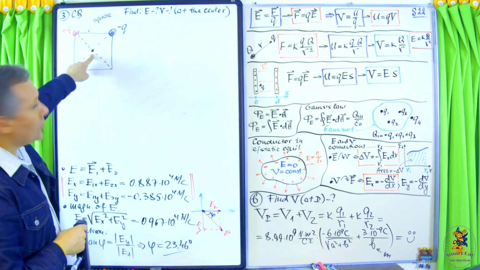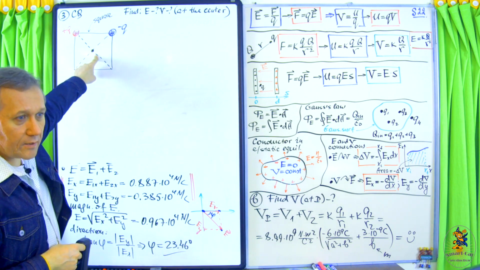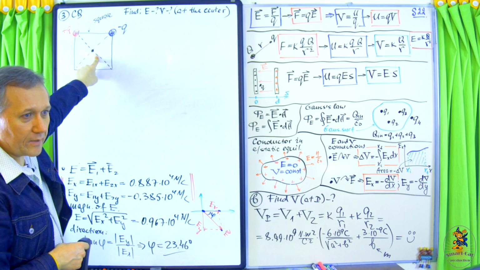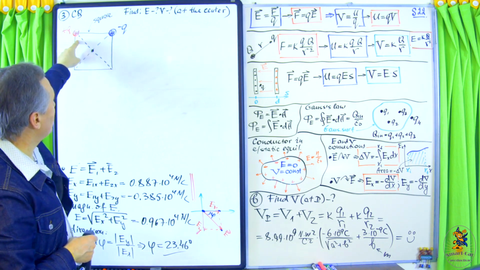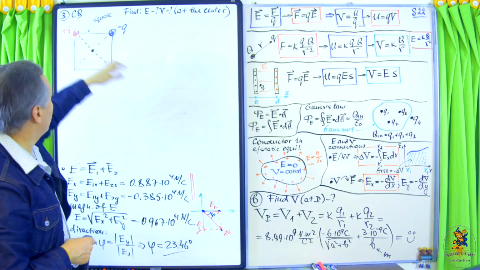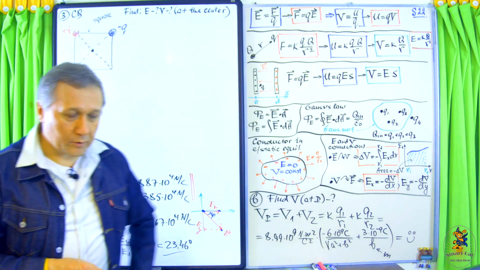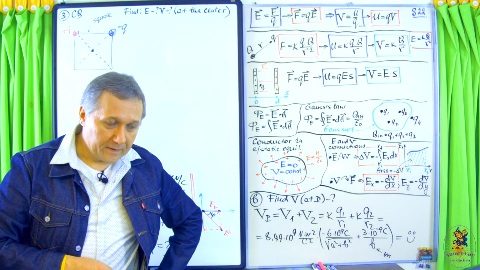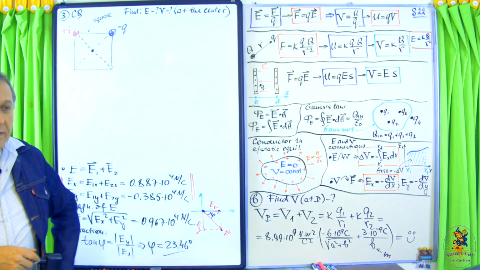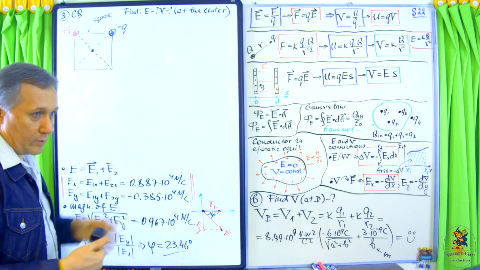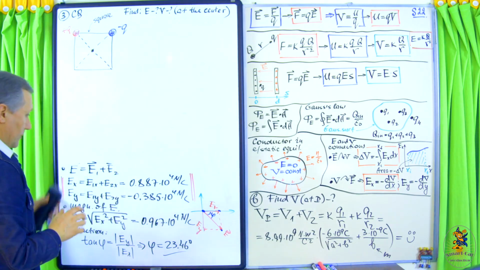Again, I put a dot, but it doesn't mean at the center there is any point charge. No, it's an empty spot, empty space, right? So we have only this positive charge and this negative charge. And of course, they both create a net electrical aura around themselves, and we can find the net electric field and net electric potential at any point we want. So we're interested in this point, right?